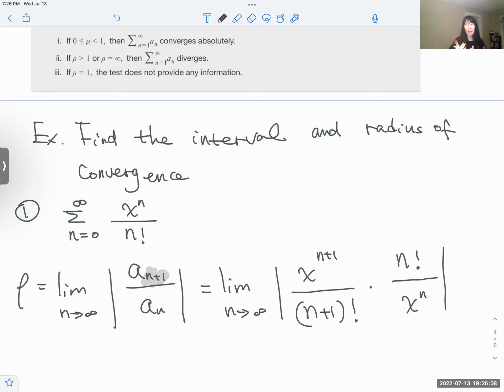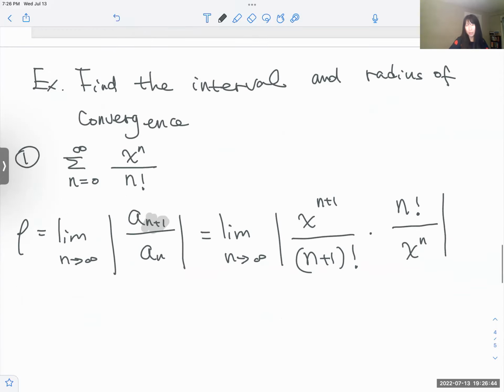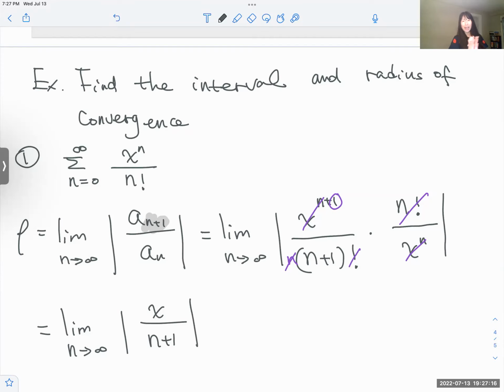Okay, now we can simplify, right? We know that there is x to the n and x to the n plus 1, so we can simplify this way, and n factorial with n factorial. Then we get the limit as n approaches positive infinity. What remains? We get x over n plus 1. We have to deal with x and n.